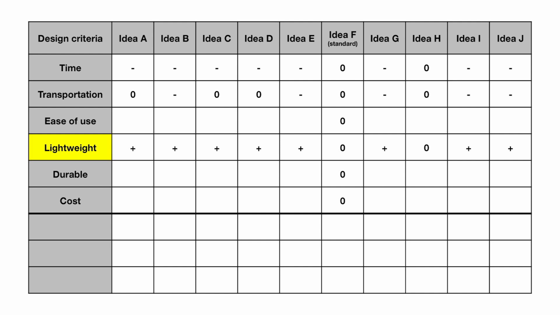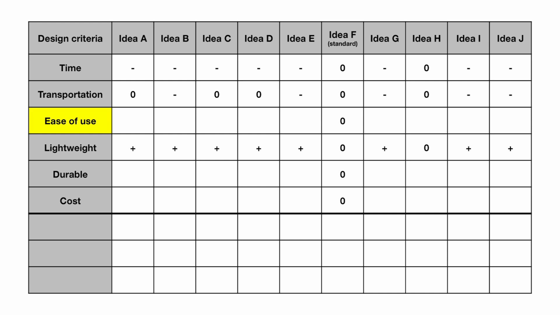So let's consider the design criteria ease of use. In reasoning through whether pediatric patients will be able to grip and use the device without assistance, the reasoning is very similar to that we discussed for reduction in feeding time.